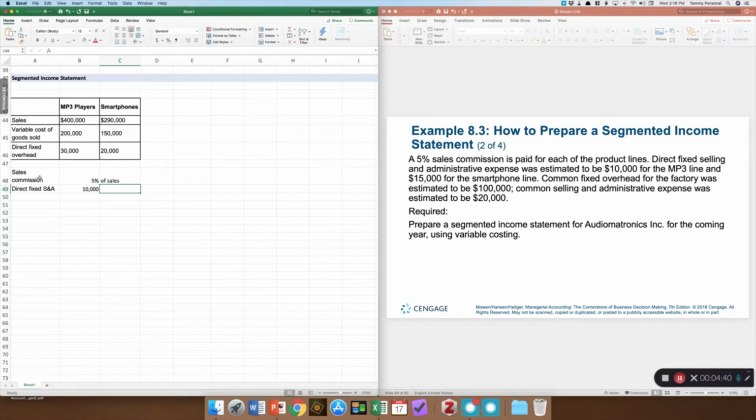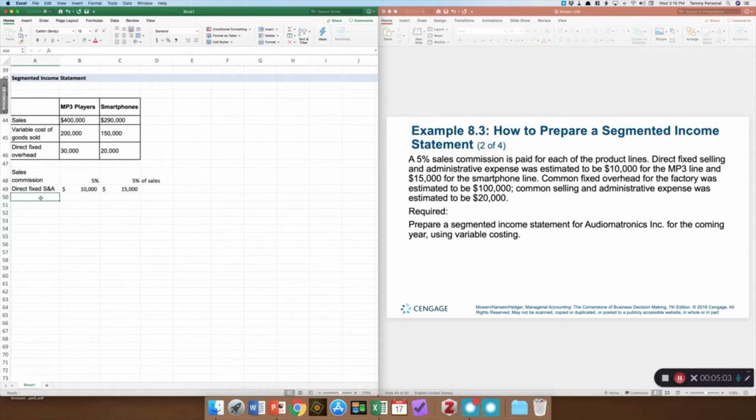And you know what? Let's take this out of here because it's 5% on both, right? Okay, so it was $10,000 for the MP3s and $15,000 for the smartphone. Okay, and there we go.